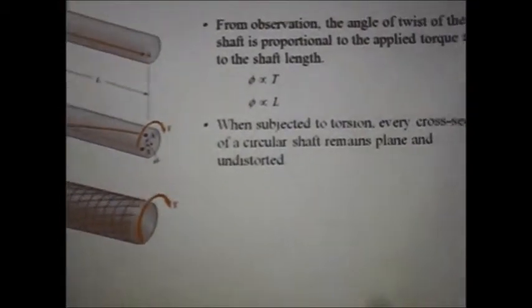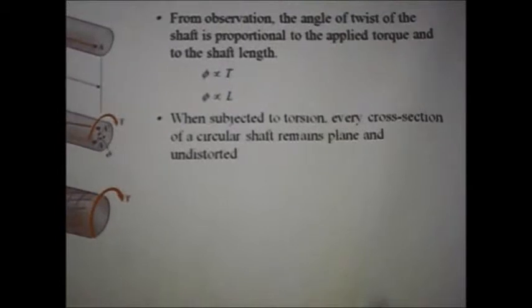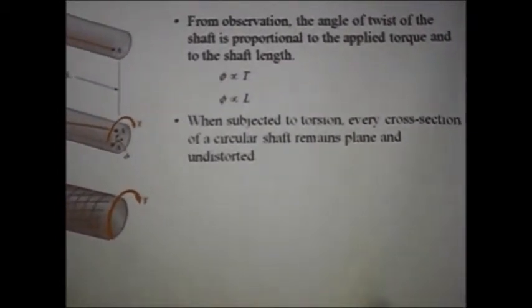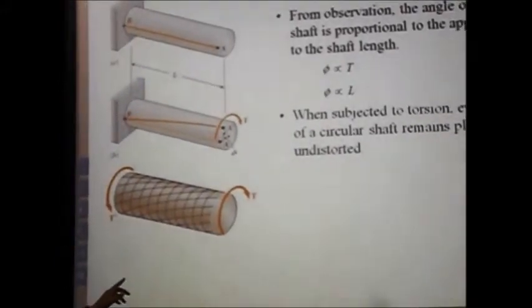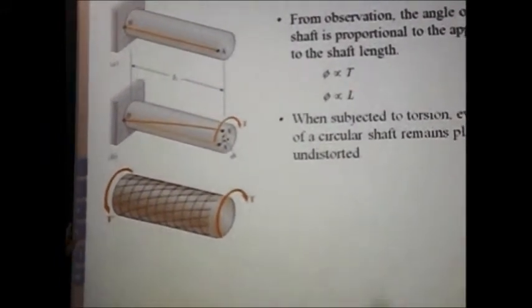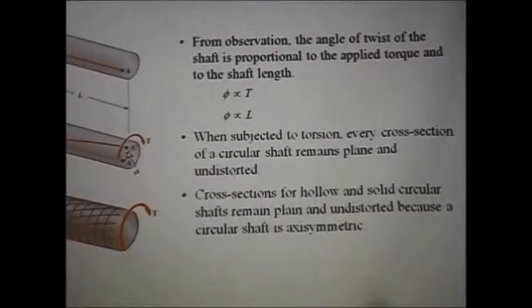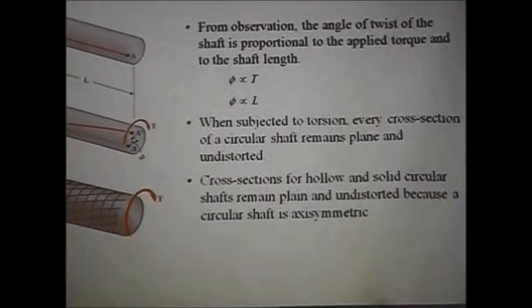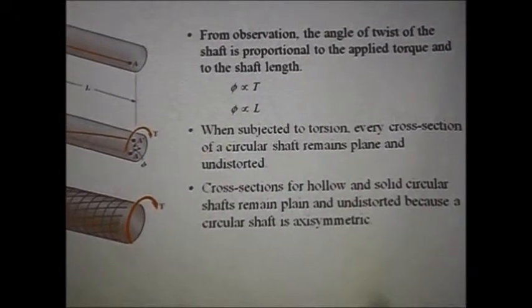When subjected to torsion, every cross section of a circular shaft remains plane and undistorted. We can see from the figure AB that every cross section remains plane and undistorted.